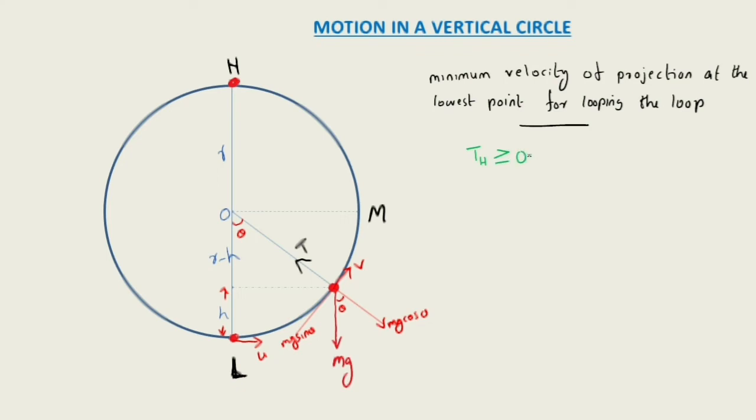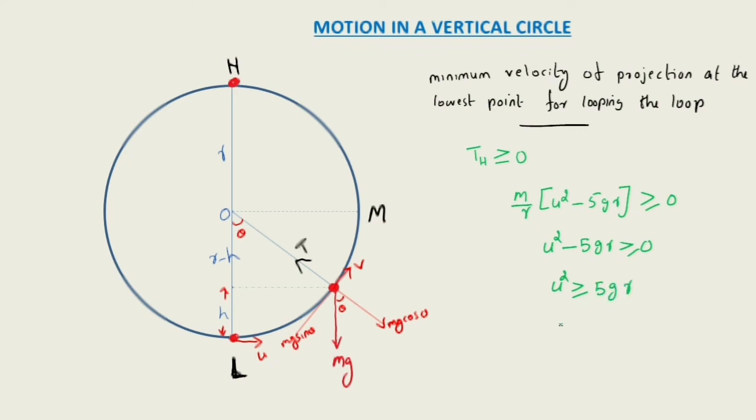We have already written m divided by r into u square minus 5gr must be greater than or equal to 0, or u square minus 5gr must be greater than or equal to 0, or u square must be greater than or equal to 5gr.